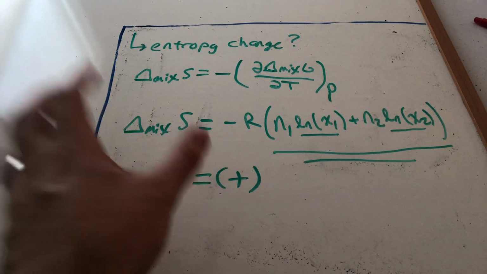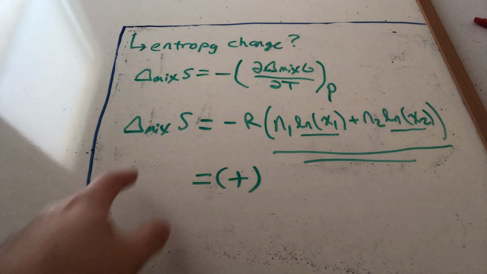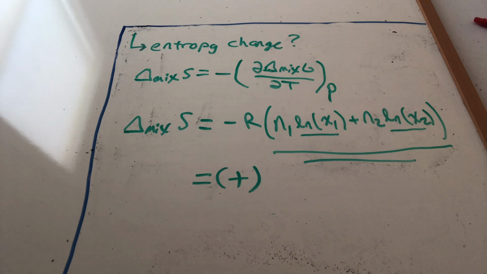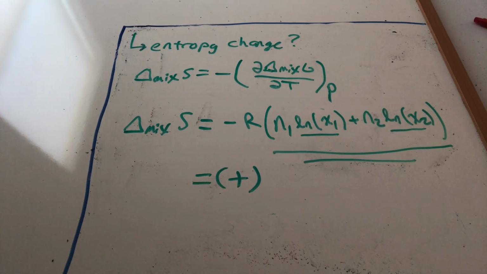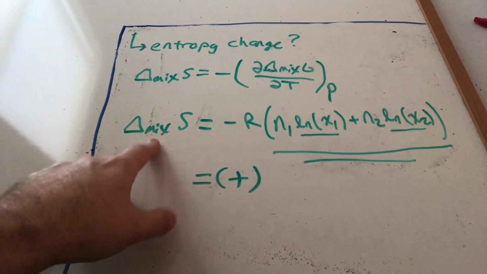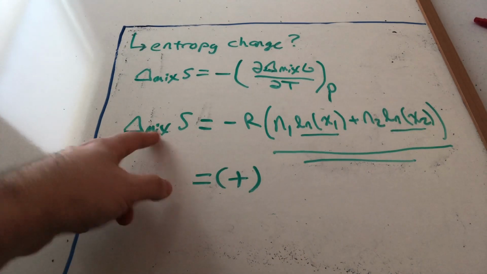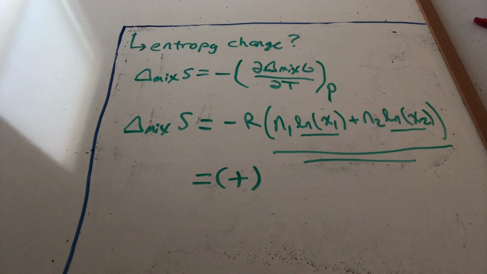If I have an ordered system over here that's pure and an ordered system over here that's pure and I dump them together, the disorder increases as you make your mixture. You have all new molecular interactions forming, you're breaking down the liquid structures, you're adding disorder as you form the mixture. So this is a really interesting example that leads us to an equation we can use to calculate a delta S for the situation, and it also gives us a sign that makes sense in terms of our physical understanding of the thermodynamic properties of substances.